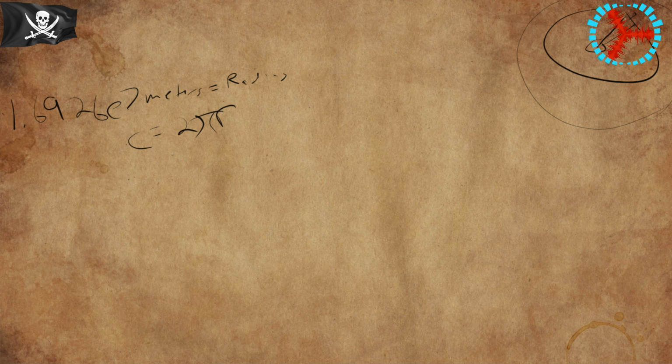Now that we have the radius, I'm going to hop back over to my calculator, which I will hopefully have as an on-screen calculator for my next stream. 1.6926E7, and then 2 times pi times that. Let me put parentheses around this. I put a Z in there.